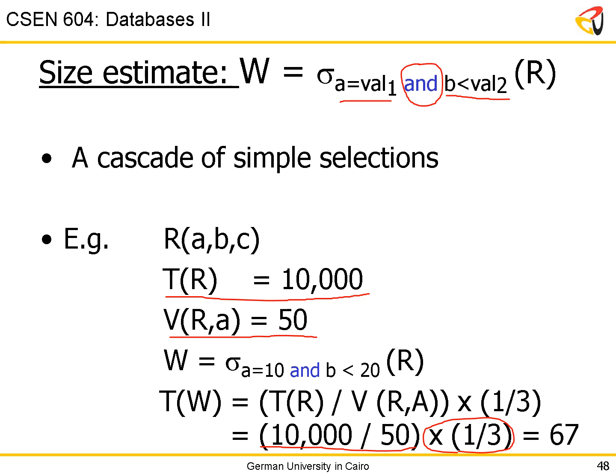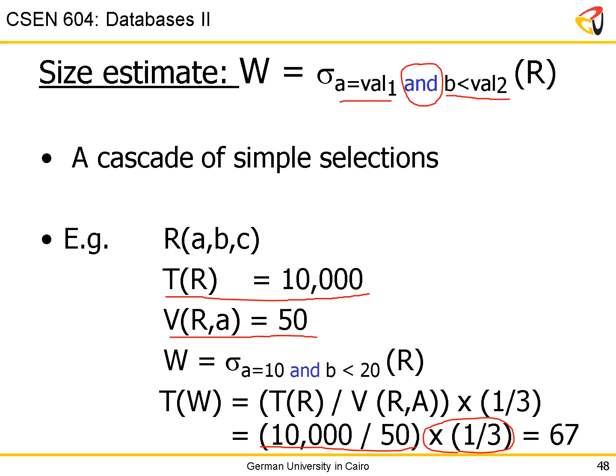Okay? So here's what I'm going to do. I will just run it from left to right. If I run this one first, I will get 1 divided by 50 multiplied by 10,000. That's 200. Now, I want those 200 rows coming out from this to also satisfy B less than val 2.